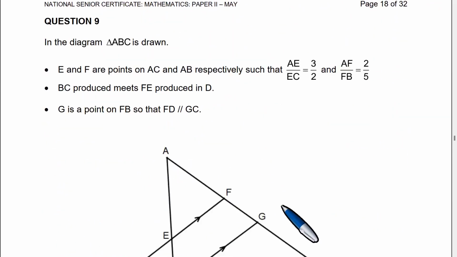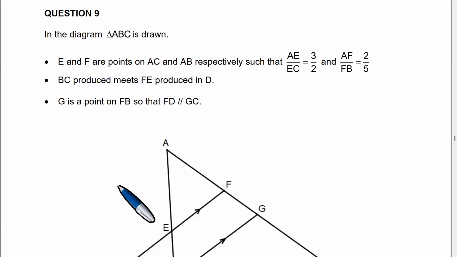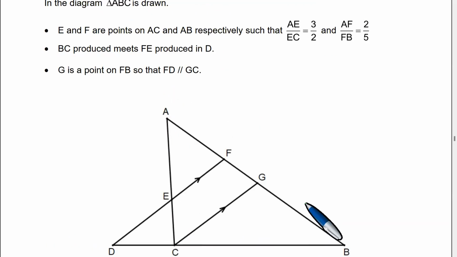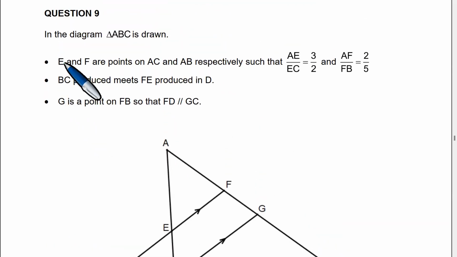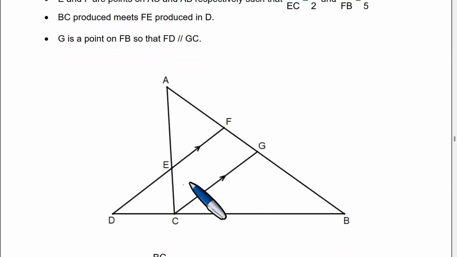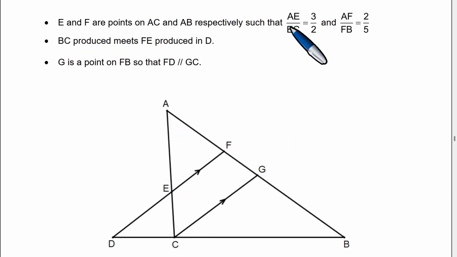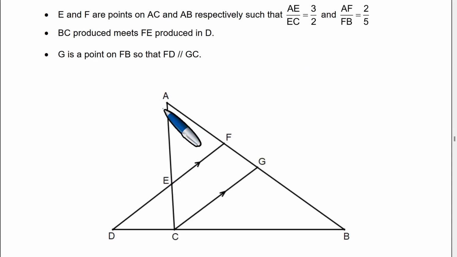Next question. Let's do some similarity and proportionality. In the diagram, triangle ABC is drawn, but also E and F are points on AC and AB respectively, such that AE over EC is 3 out of 2.